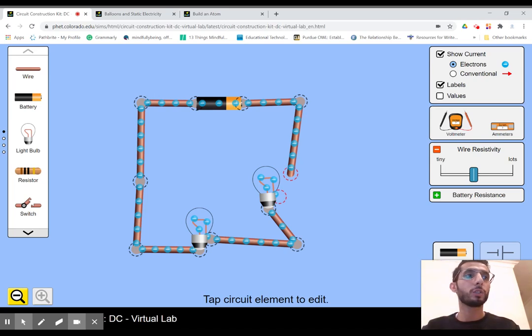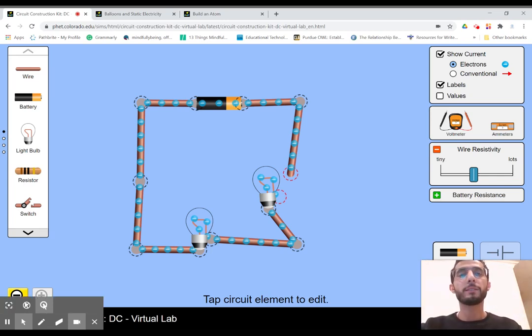So a series circuit is a circuit that has a single pathway for electrons, while parallel circuits have more than one pathway. That's why a parallel circuit is better used at home rather than a series circuit.